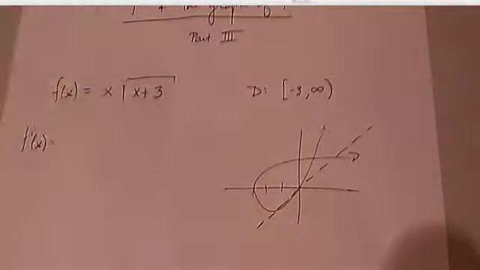Now, once I'm here, I ought to be able to discern what I need in terms of critical values. Critical values are where the first derivative is either undefined or 0. Well, let's go for 0 first. I know that there's going to be a critical value at x is equal to -2. Then I need to determine whether the denominator gives me any. Well, the denominator is undefined at x is equal to -3.